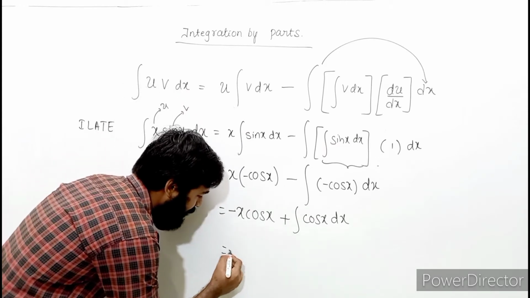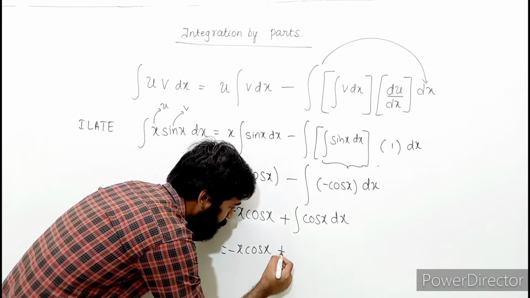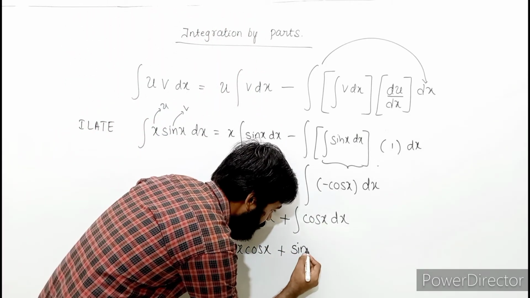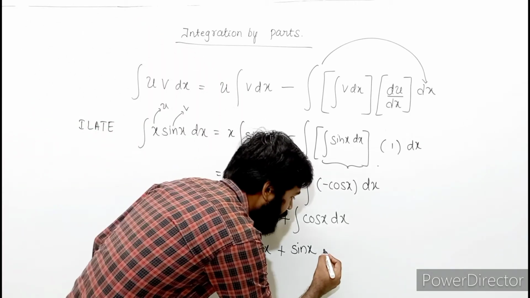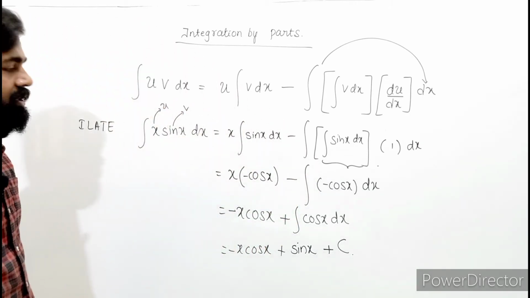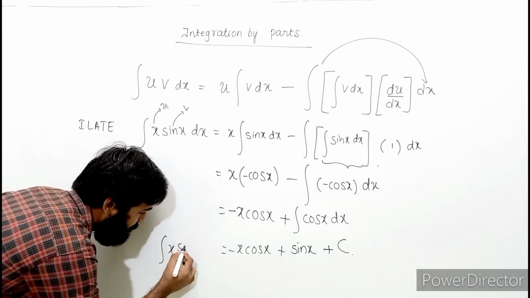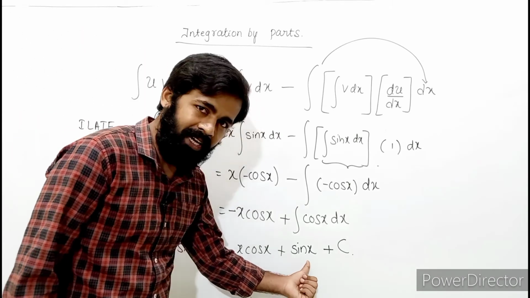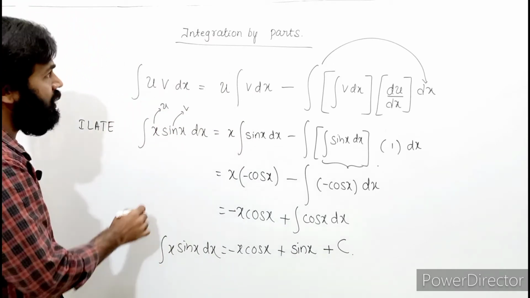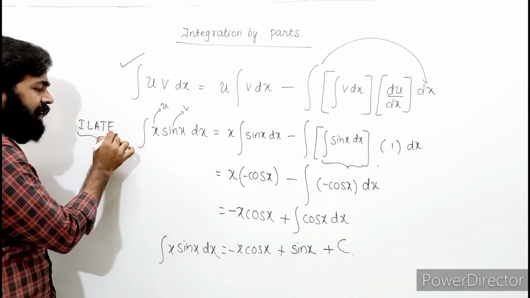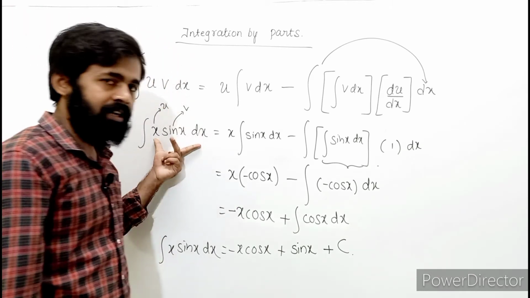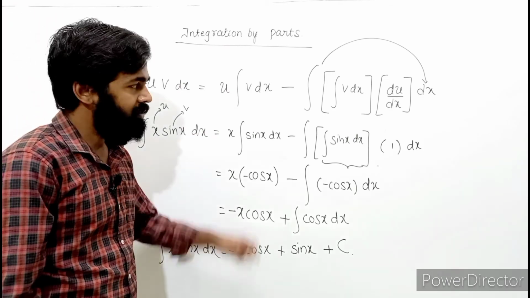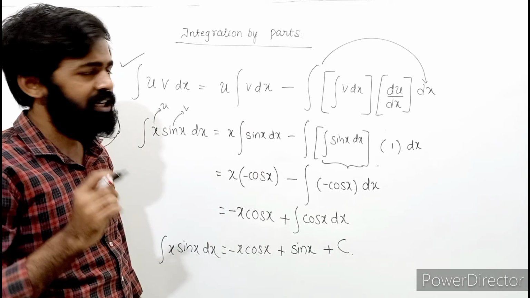Now minus x cos x as it is, plus integration of cos x, which is sin x, plus the constant of integration C. So the integration of x sin x dx is minus x cos x plus sin x plus C. That's how we use integration by parts, and we find the integration of this function using integration by parts as well as the ILATE rule. This is the introduction to integration by parts.